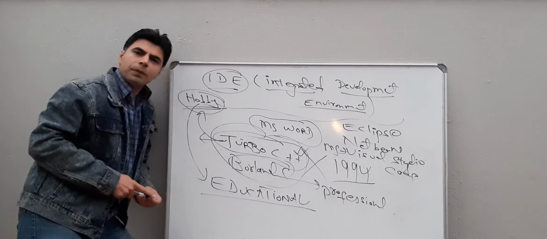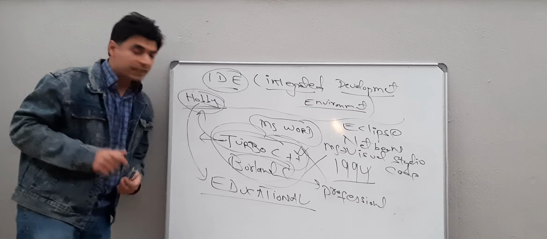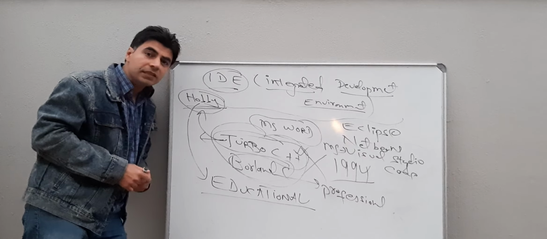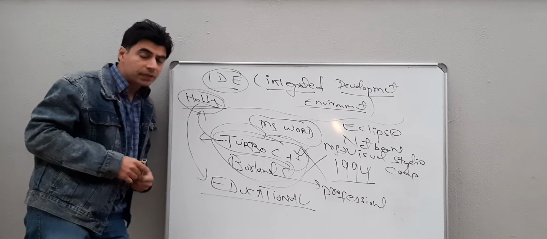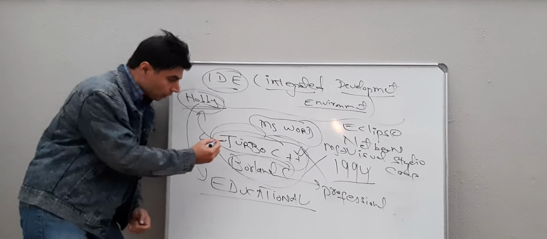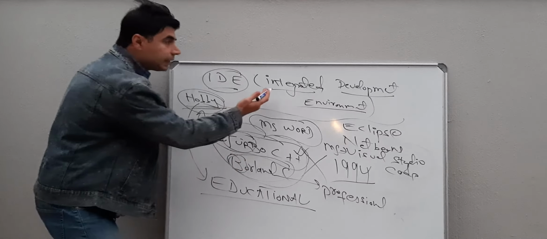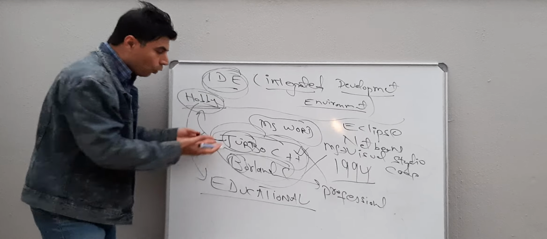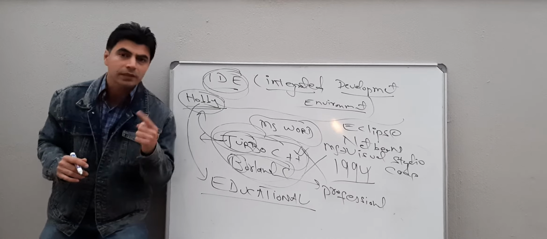This is a very important part. When I said that Turbo C++ and Borland C were discontinued, it does not mean that the C language was discontinued. There is a difference. Turbo C and Borland are integrated development environments. They are IDEs, they are softwares. So only the softwares that were used to write the code of C language were discontinued.